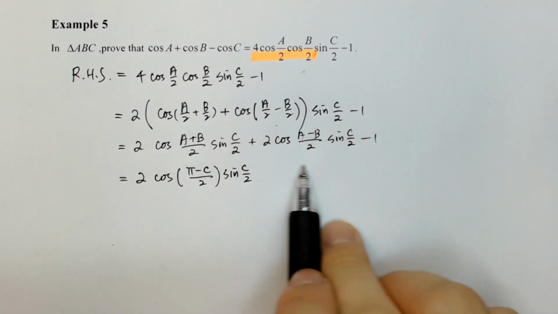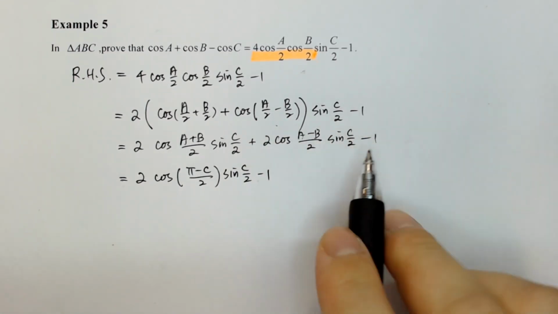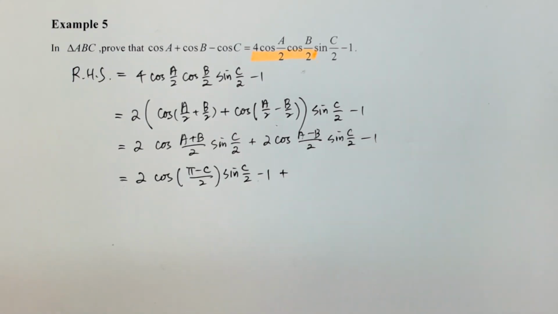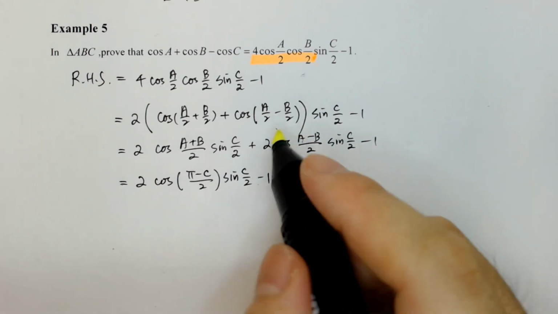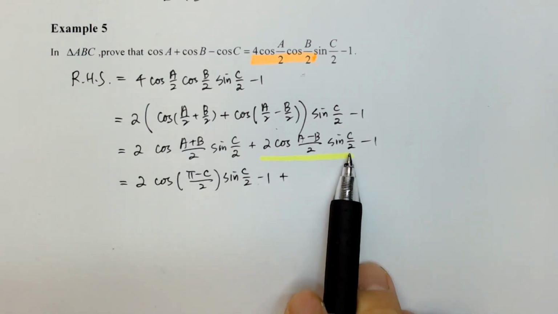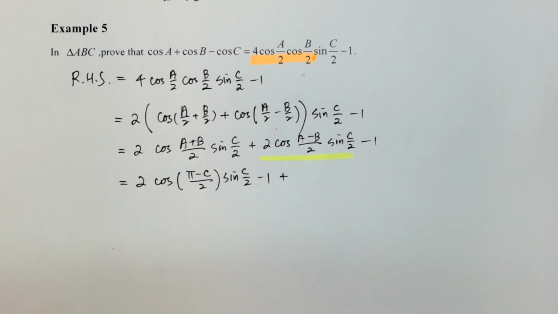And also for this one, we know that the minus 1 is not related to this expression. For this one, we can apply the product to sum formula again. The product of cosine and sine is the difference of sines.